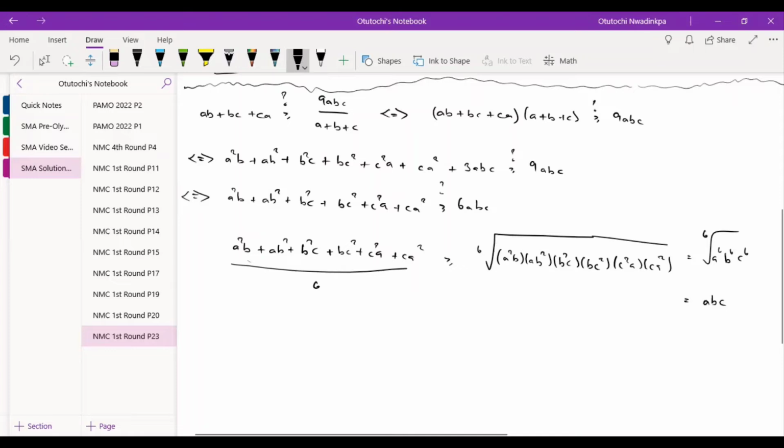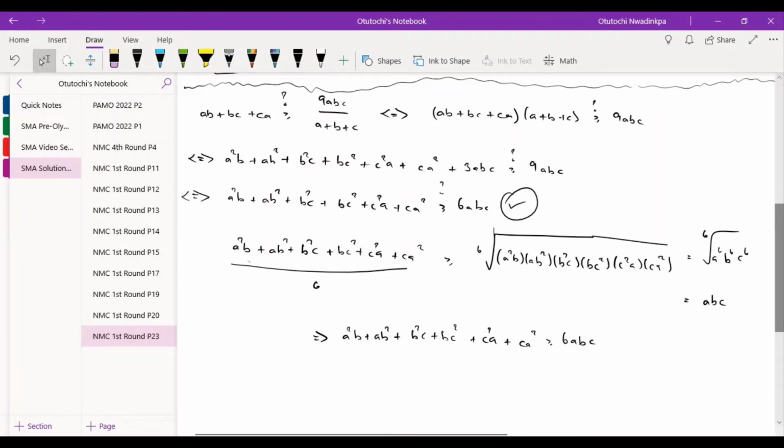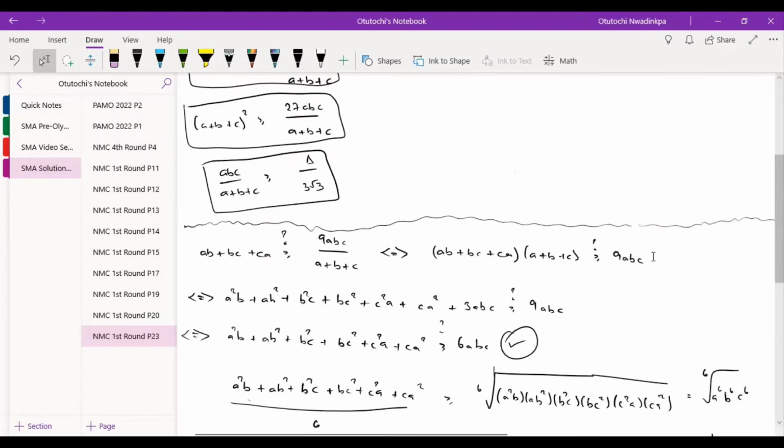So this implies that A squared B plus AB squared plus B squared C plus BC squared plus C squared A plus CA squared is in fact greater than or equal to 6ABC. So this is true, which implies that what we have at the beginning is also true.